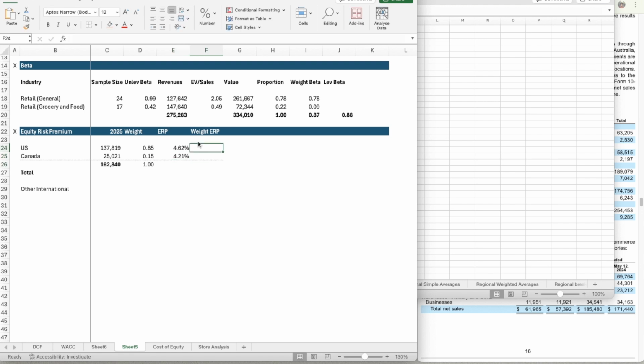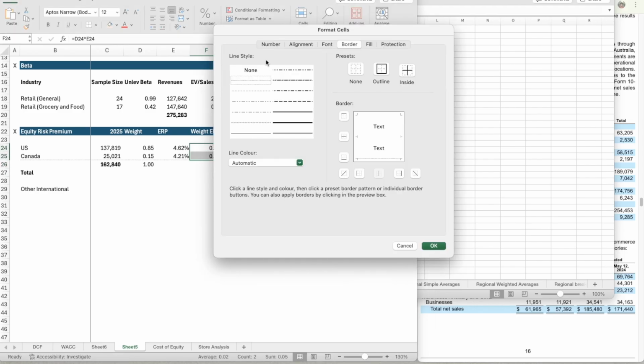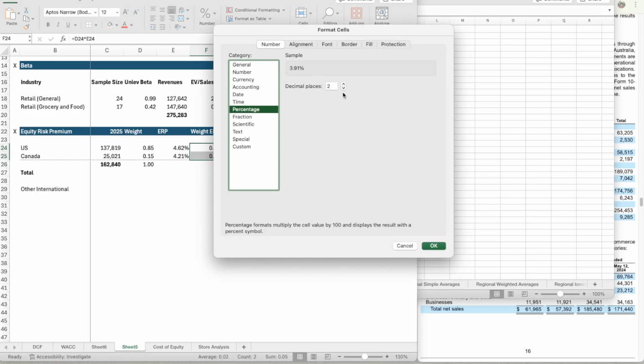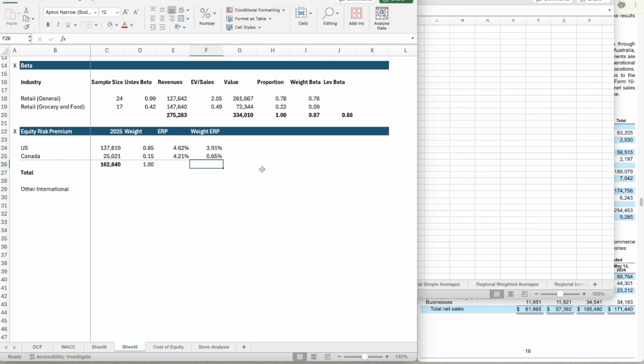And so the weighted ERP is going to be, no, these need to be in percentages. It confused me for a second. Then we just sum those at 4.56.